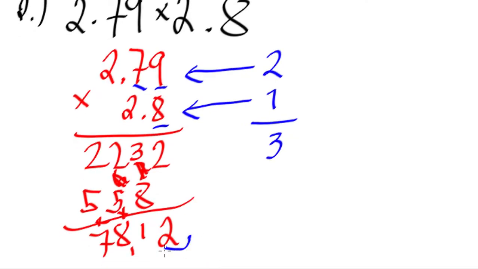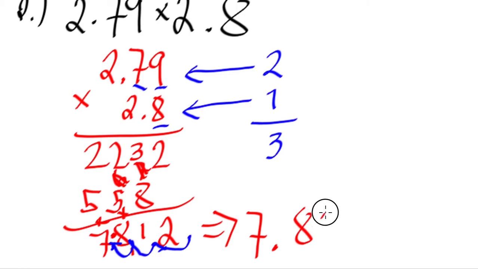So we have 1 here, 2 here, and 3 here. Therefore, our decimal point must be placed after 7. So what we have is 7.812. And this is our answer for number 2.